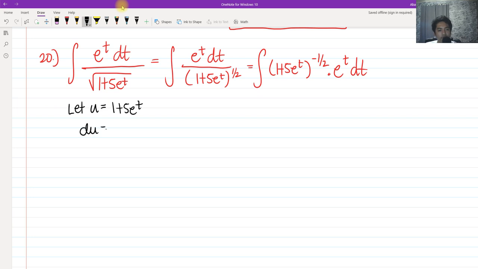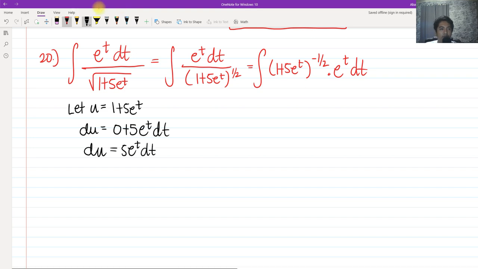So get the derivative of u with respect to t, that is 0 plus 5, and the derivative of e raised to t dt is simply still e raised to t dt. So we have du equals 5 e raised to t dt. And if we notice, we have e raised to t dt here. So that's why we chose that as our u. It yields a du having an e raised to t dt.